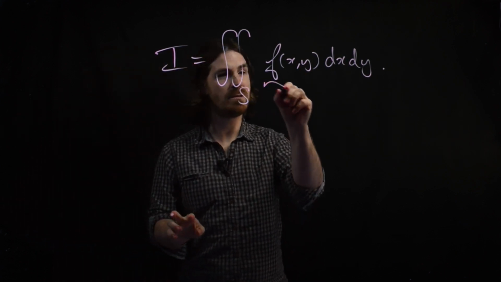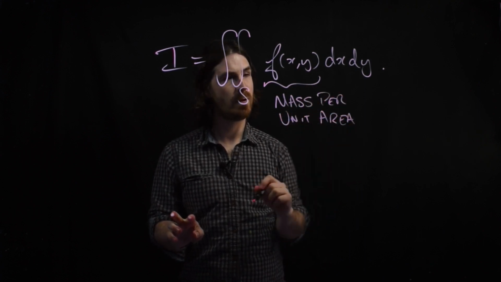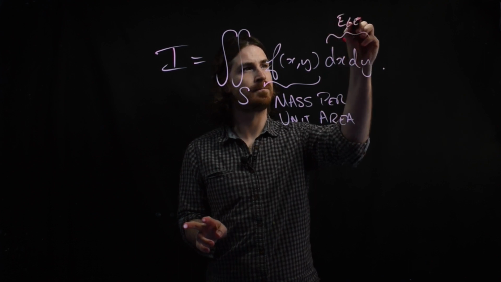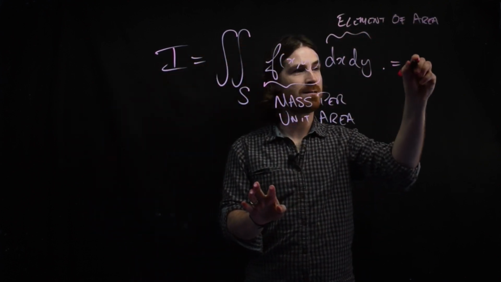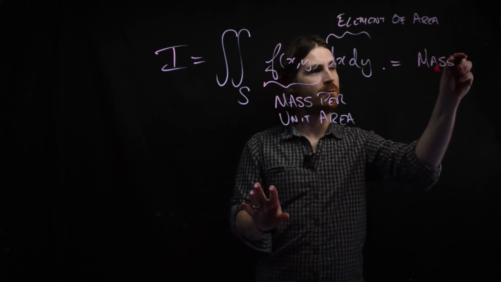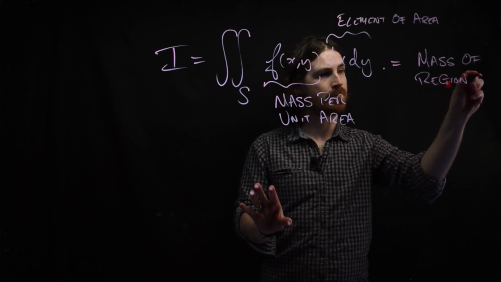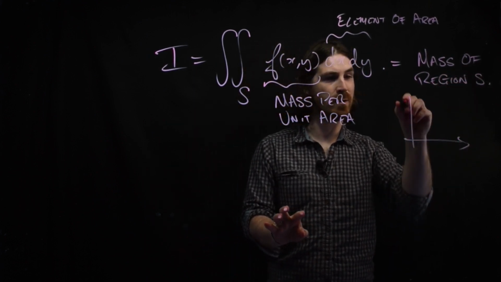So if you think of this as the mass per unit area, and we know that this dx dy is an area element, then this thing equals the mass of region S, where the region S is defined in the xy plane.